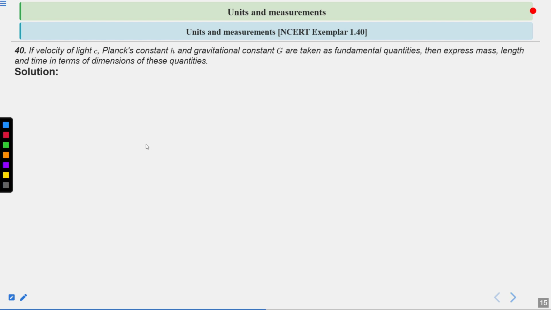Next, substituting the dimensions of each term in equation first, we get a new relation.